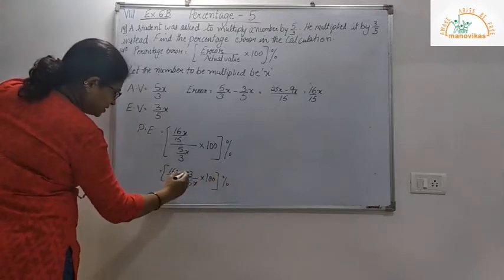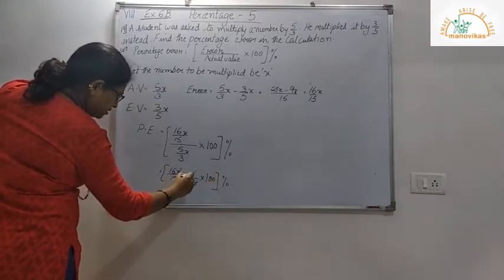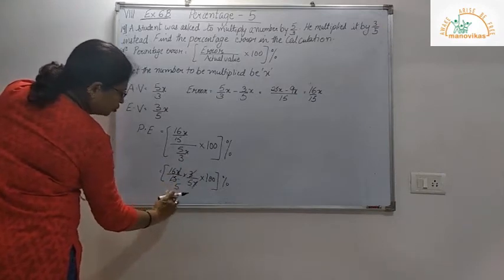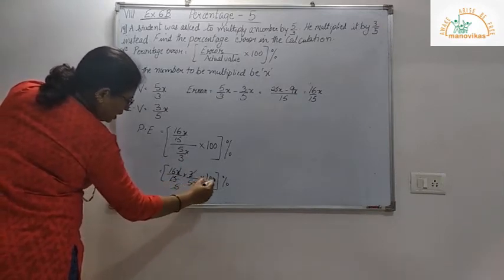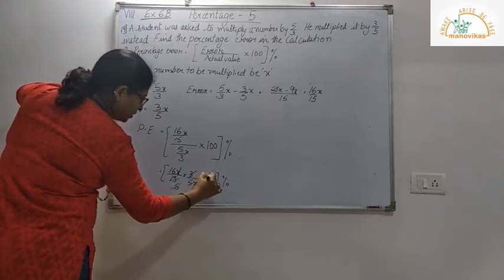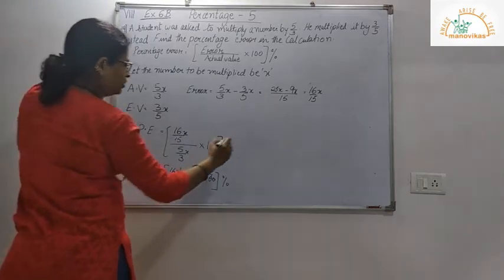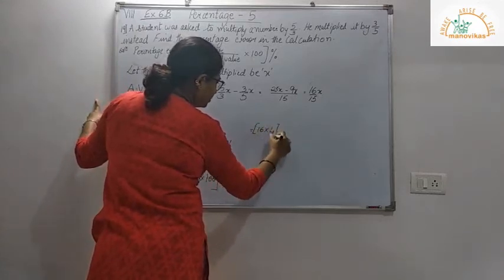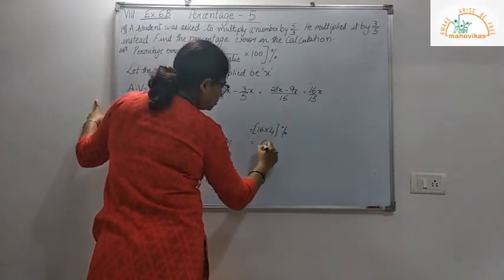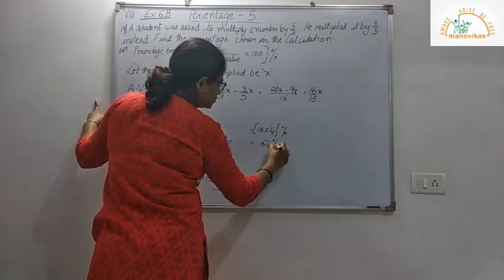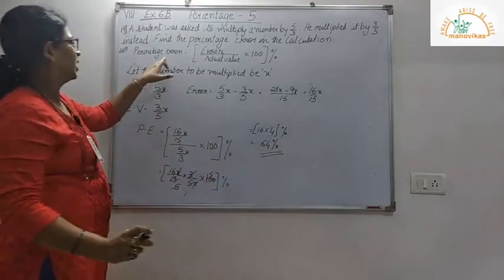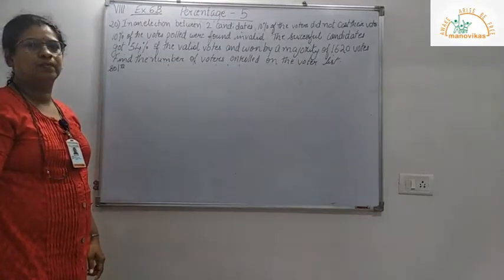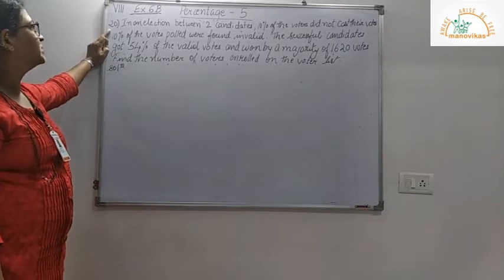So whatever can cancel, x gets cancelled, 3 ones are 3, 5 5s are 25, 25 ones are 25, 4s are, so here I get 16 into 4, which is equal to 64%. So this is my percentage error. So we move on to the 20th sum.